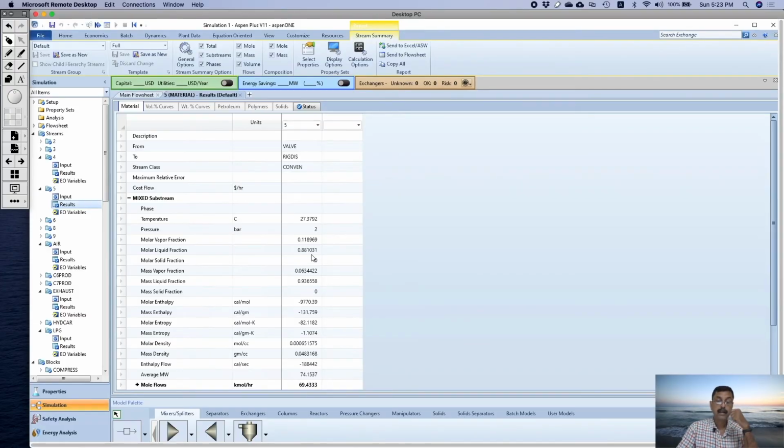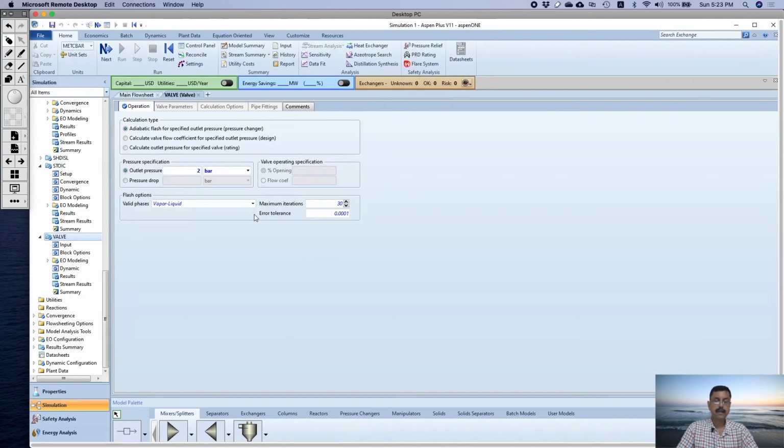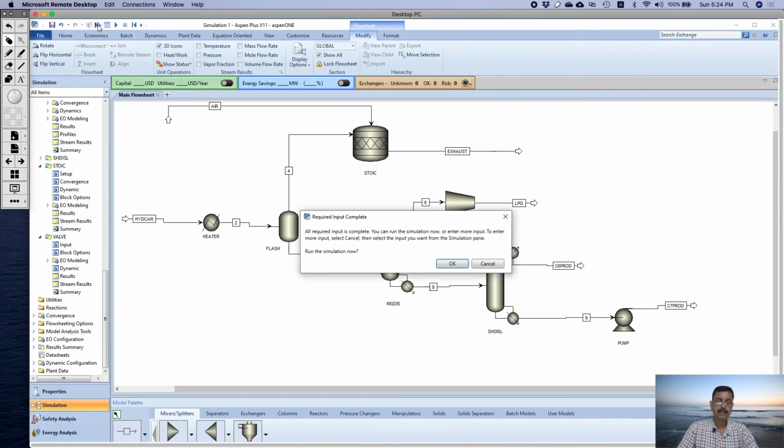Let us see whether it happens that way. So remember, it is 88.10% for 2 bar pressure. Now let us say it is 5 bar, and for 5 bar it should increase from 88% to something. Let us see whether it increases and to what extent it increases.